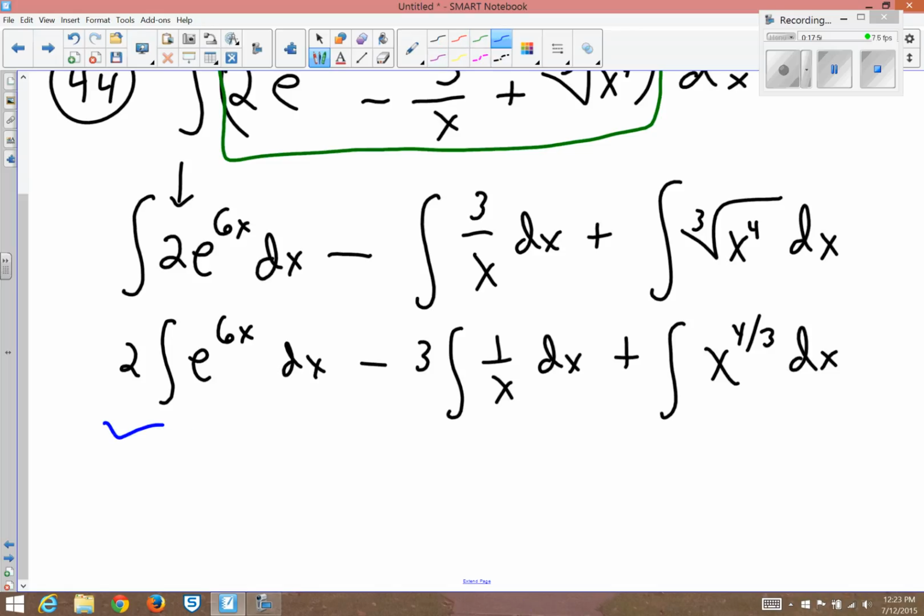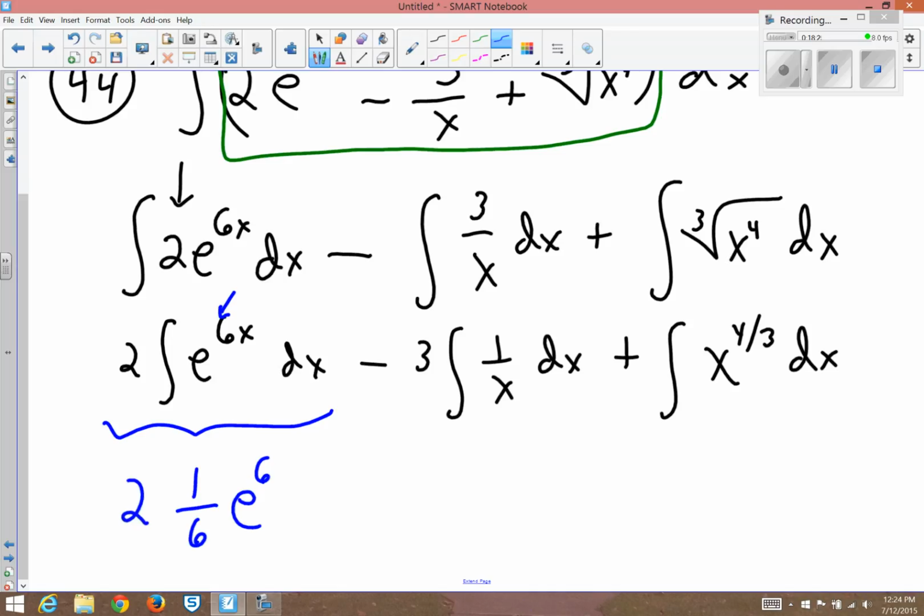So now this thing in the blue, the 2 in front we just bring down. And if you look at the rules that we just wrote, the integral of e to the 6x, applying the fourth rule that was listed, it's 1 over this number here times e to the 6x.